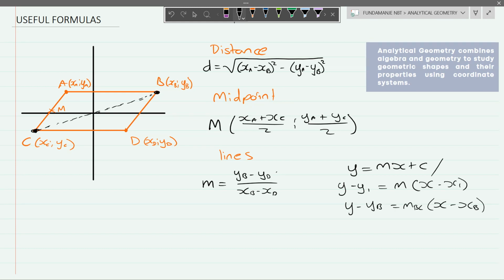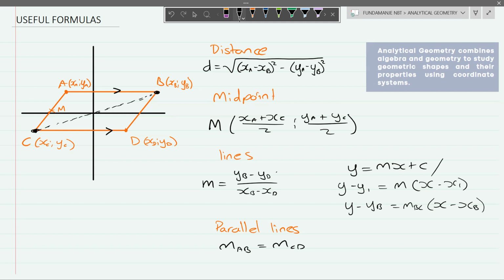Then what about lines themselves? How can I test if two lines are parallel? If I work out the gradient of AB and I work out the gradient of CD, knowing that this is a parallelogram, what am I supposed to come up with? For parallel lines, the gradient of AB will be equal to the gradient of CD.